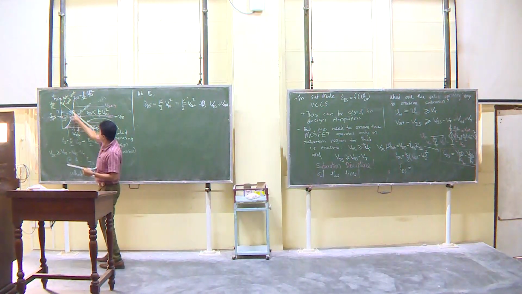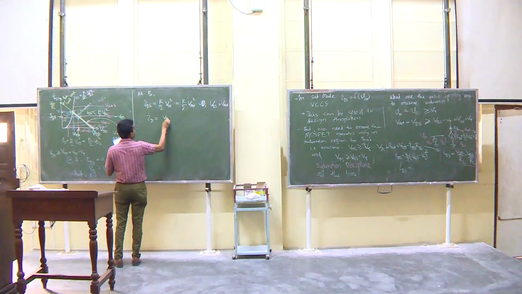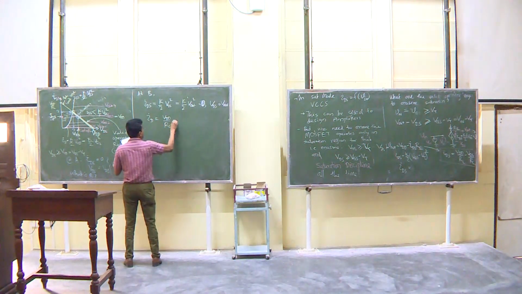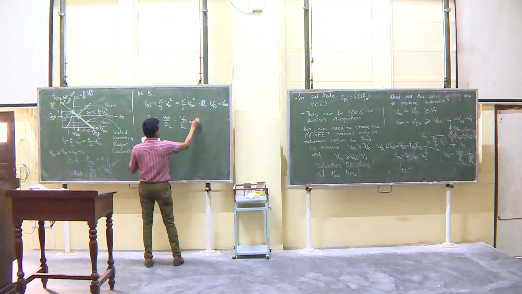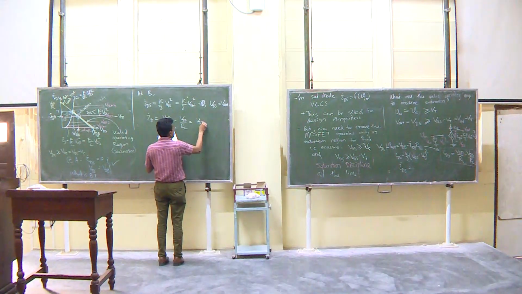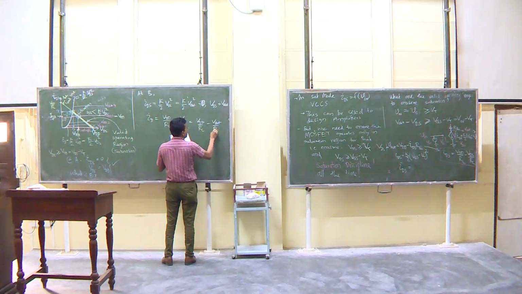But because it is on this yellow curve, IDS is equal to VDD divided by RL minus VDS divided by RL, which is also equal to VDD by RL minus V out by RL.